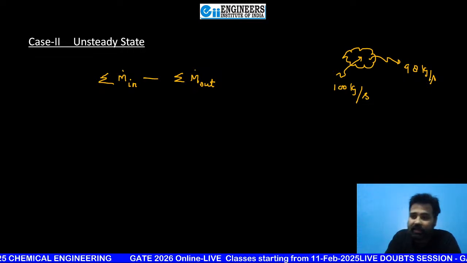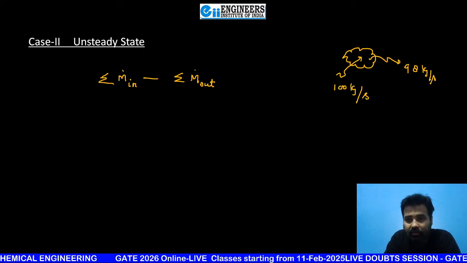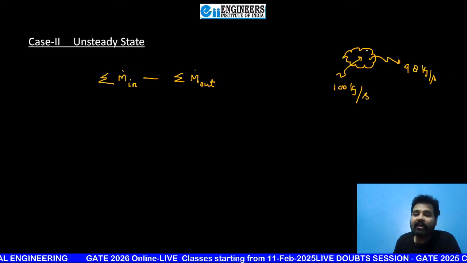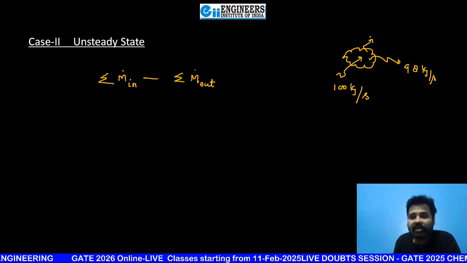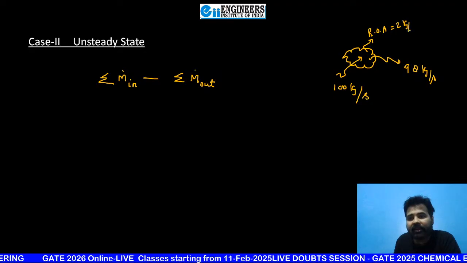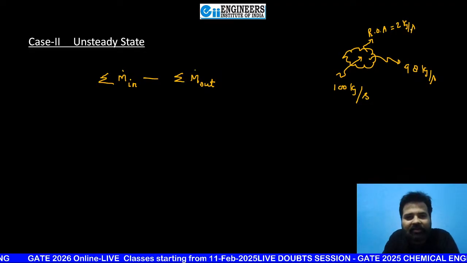What is this, sir? Where is the 2 kilogram? So this time I can say that for this chamber, the rate of accumulation is 2 kilogram per second.